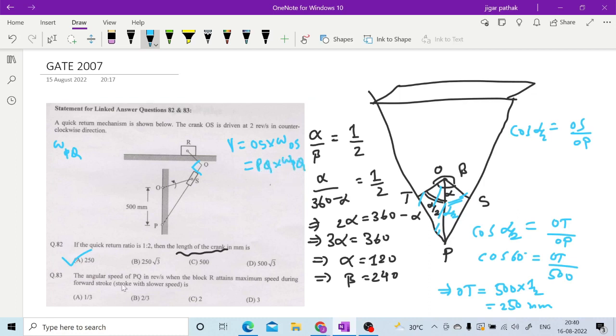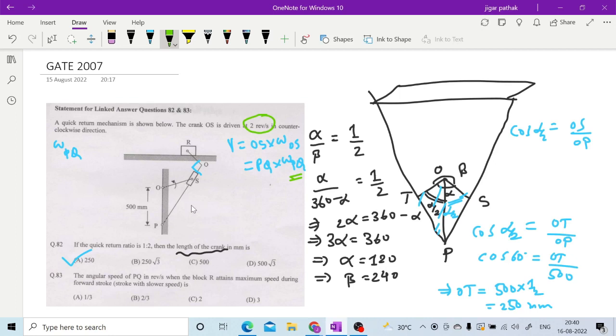Now here what you are asked is the angular speed of PQ, that is omega PQ, because omega OS is given as 2 revolutions per second. OS means the length of that crank, which is already calculated as 250.